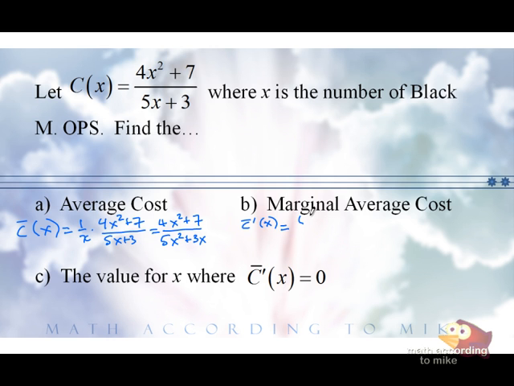It's low d high: derivative of the numerator would be 8x, minus high d low: derivative of the denominator, be careful, will be 10x plus 3. Again, use your parentheses. Parentheses are the seatbelt of mathematics. They keep you safe. All over the denominator, 5x squared plus 3x.